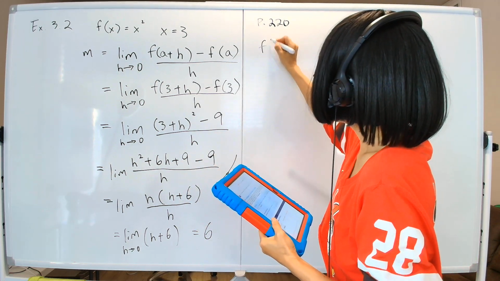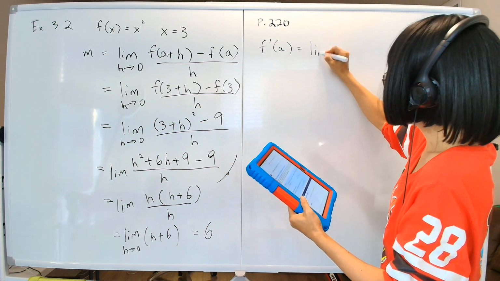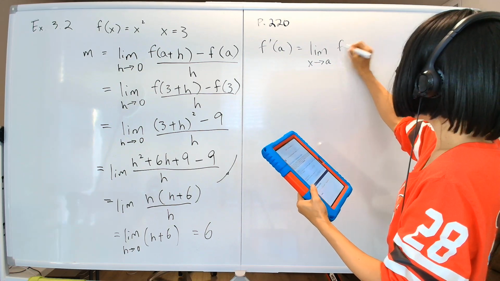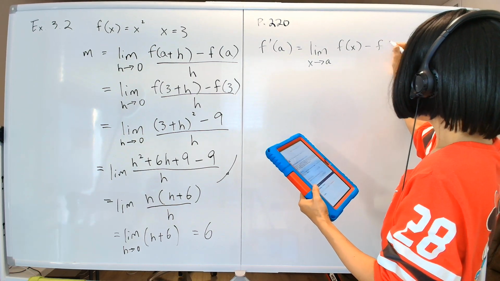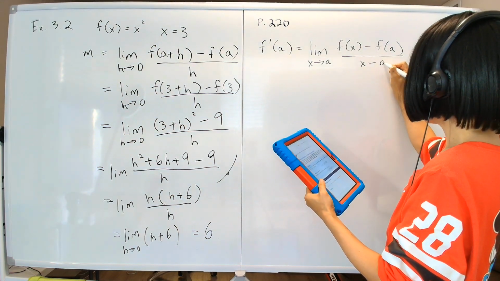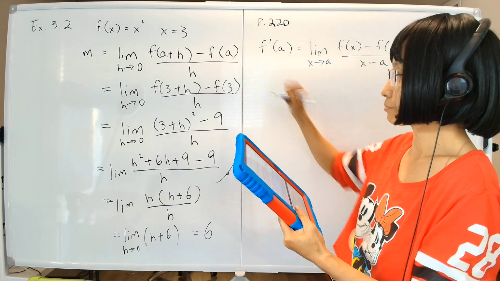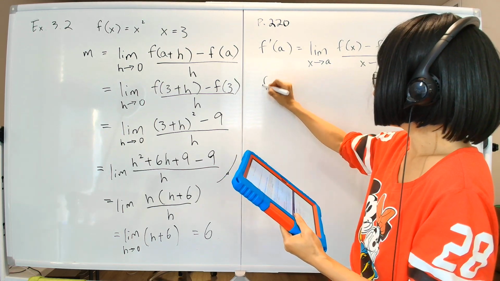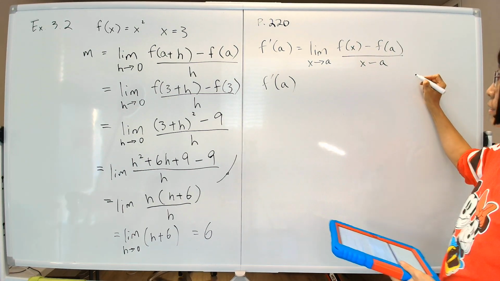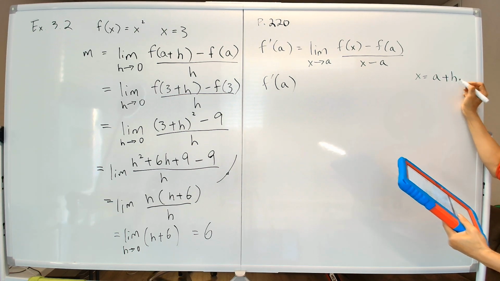The first one is f prime of a equals the limit as x approaches a of f of x minus f of a, divided by x minus a. And then similarly, I'll rewrite the other one. The derivative is also written by making x equal to a plus h, with h being the variable.